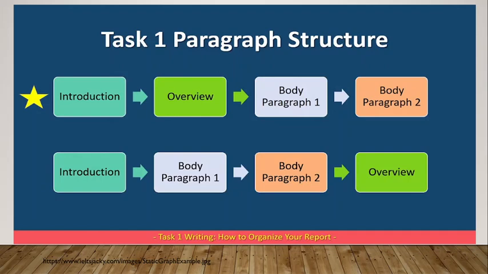First, write the introduction, body paragraph 1, body paragraph 2, and at the end, don't forget to write the overview. And also, guys, I'd like to remind you that it is prohibited to write a conclusion. Instead, we write an overview.